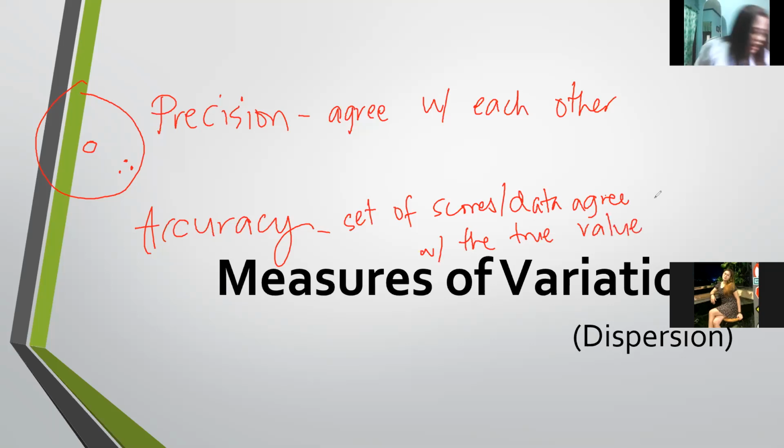So sa class, like sa mathematics or sa mga ginahimo nato nga research, naa jud tay ginatawag og true value. For example, nag-measure ta og blood glucose level. So naa tay standard like ang blood glucose level sa tao kung fasting na siya, it should not be more than 115 milligrams per deciliter.